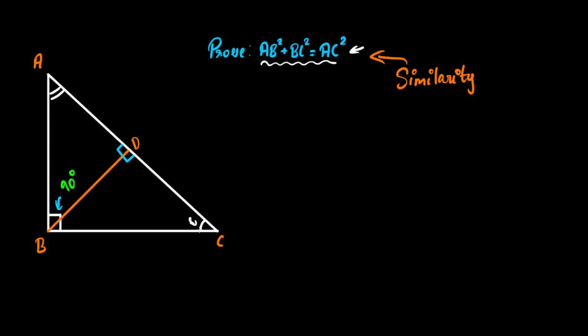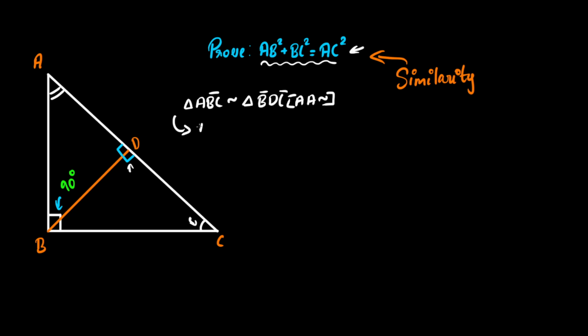You can see this angle C is common to triangle ABC and this triangle, and there's also a 90 degrees here and a 90 degrees in triangle ABC. So from that we can say triangle ABC is similar to triangle BDC using AA similarity.